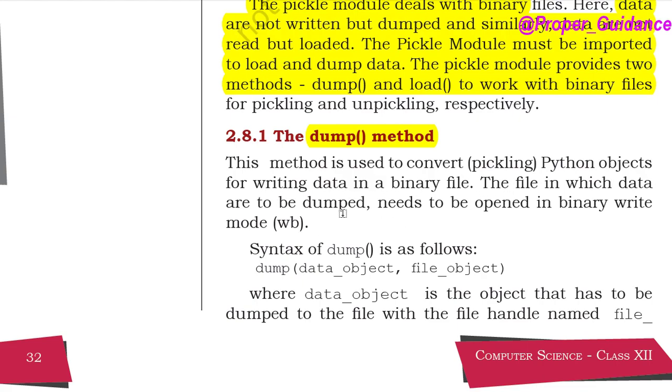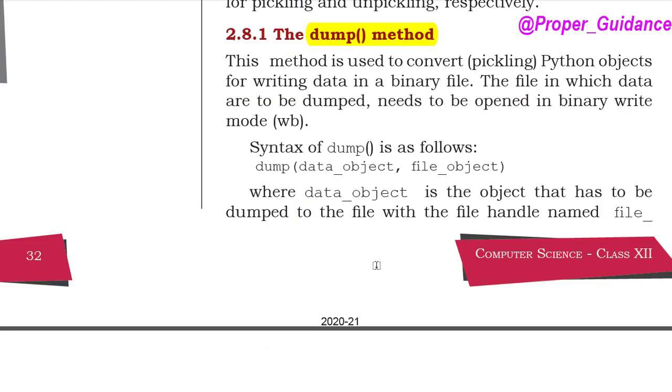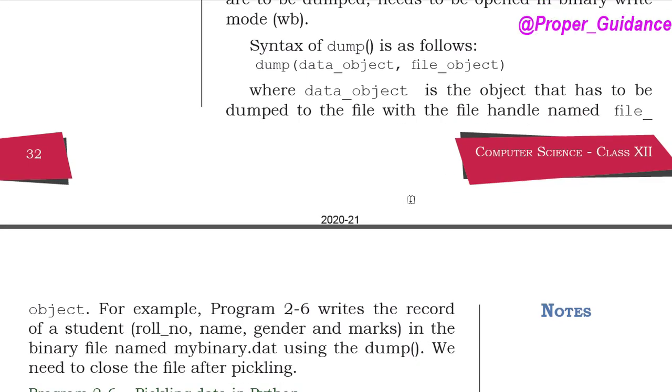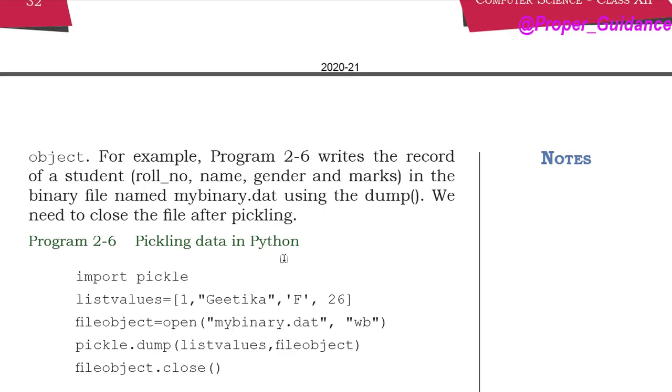The file in which data are to be dumped needs to be opened in binary write mode. Syntax of dump is as follows: dump(data object, file object), where data object is the object that has to be dumped to the file with the file handle named file object. For example, program 226 writes the record of a student, roll number, etc., in the binary file named mybinary.dat using the dump.